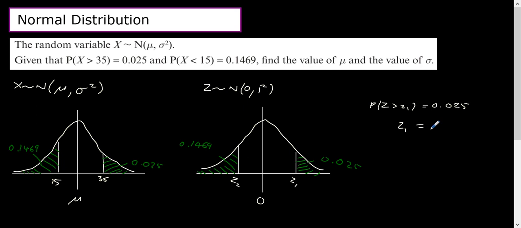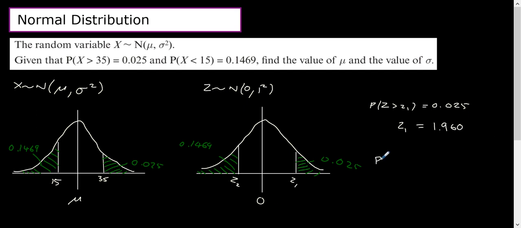And all the rest of the parameters are the same. So Z1 is going to be 1.9599, yeah, 1.96. Oh, let's leave it to 4 dp.